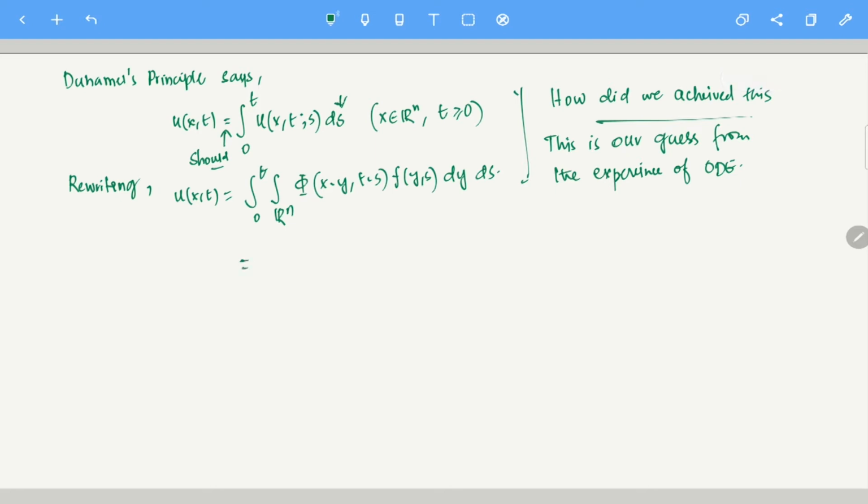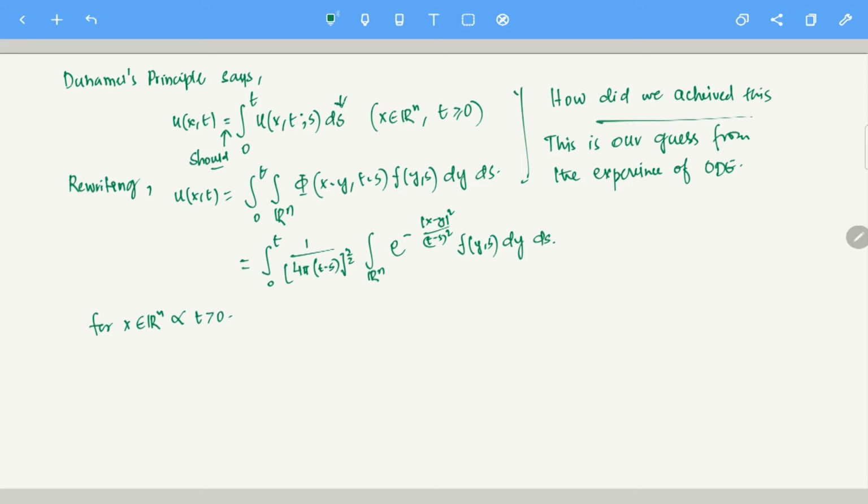This essentially means u equals integral from 0 to t of 1 over (4 pi (t minus s)) to the power n by 2, integral over Rn of e to the minus |x minus y| squared over 4(t minus s), f of y,s dy ds, for x in Rn and t positive.